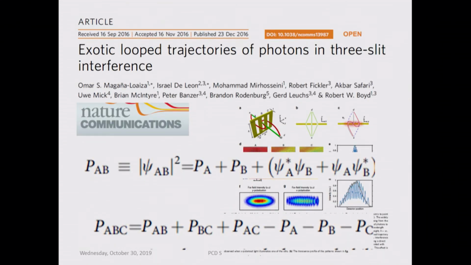But this looping in the triple slit experiment has actually been seen and reported in a paper in Nature Communications. I should have the reference somewhere. Yes, here it is, December 2016. So you might want to go through this if you want to read ahead, but I am not getting into those things.